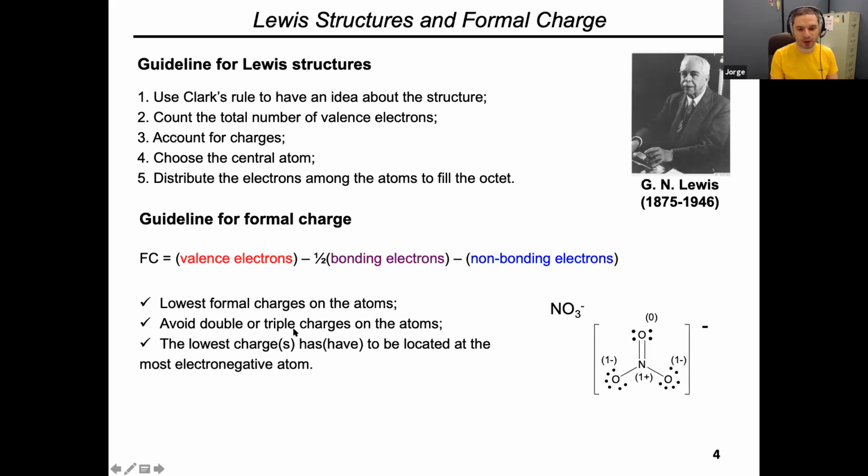Double or triple charges are not stable. And if we cannot have neutral charges in all the atoms, and we need to have a negative charge, for example, the negative charge has to be located at the most electronegative atom.